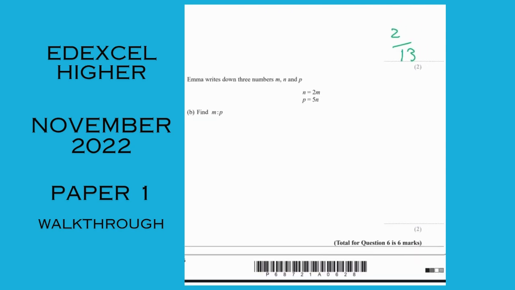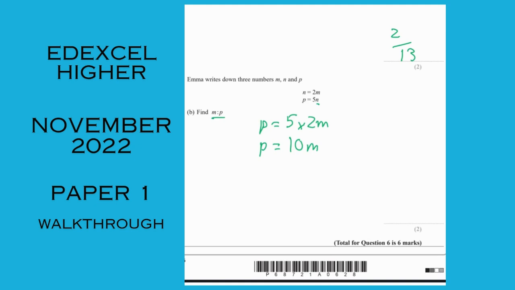So we've got Emma with 3 numbers. Again, how are they linked? Well, I can write P as 5 multiplied by whatever n is. N is 2m. And you've now got M and P linked.